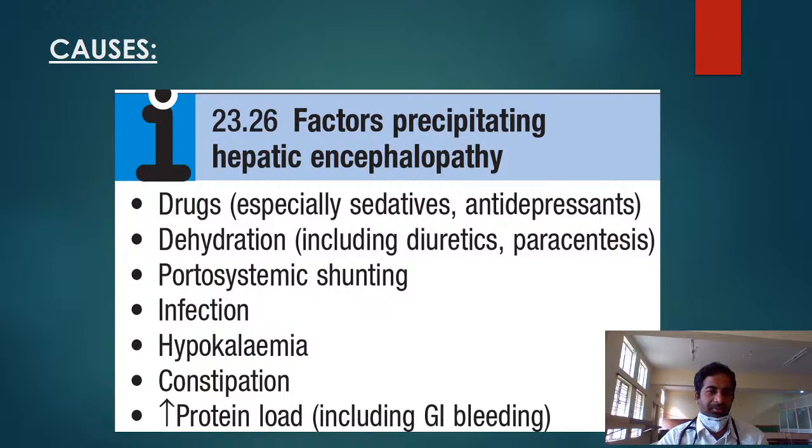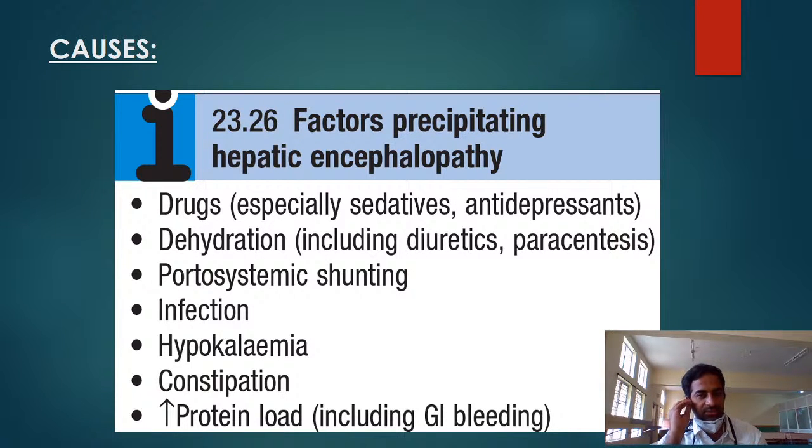So causes: there are some drugs, mainly sedatives. So you have to avoid giving sedatives as well as antidepressants. And dehydration, including from diuretics and paracentesis. All these you should avoid. Portosystemic shunting, infection, hypokalemia, constipation, and increased protein load.